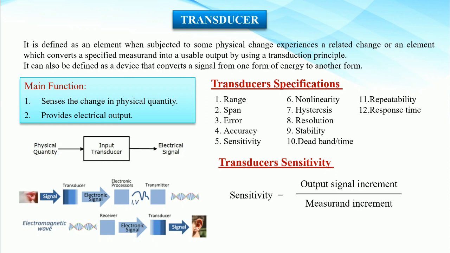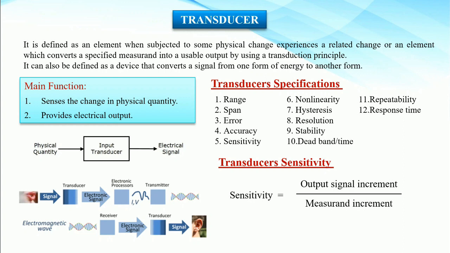Then the third is the error. Error is the difference between the result of the measurement and the true value of the quantity being measured. You already know all the details about error, so we'll move to accuracy. Accuracy refers to the closeness of the agreement between the actual measurement result and the true value of the measurement. You know this term already.